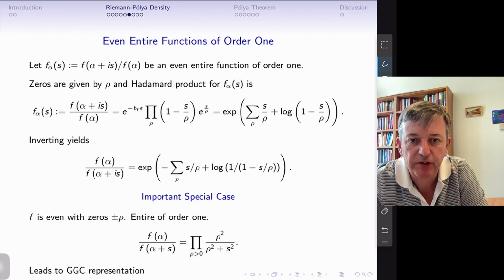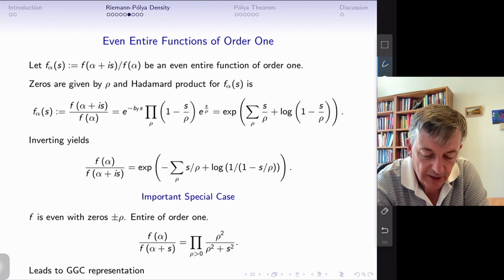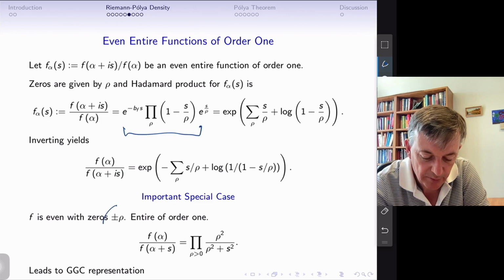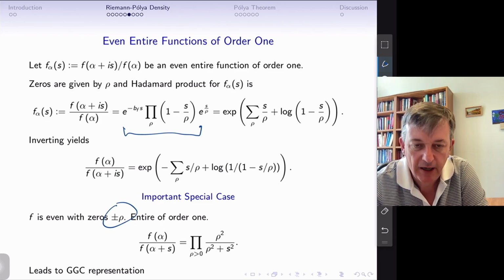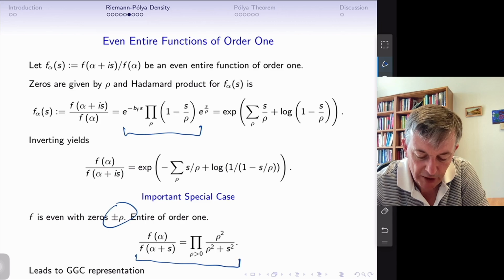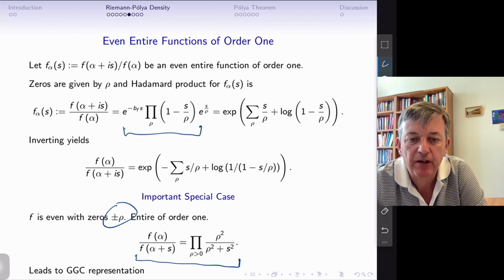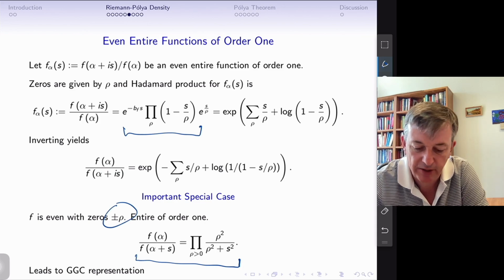If you look at entire functions of order 1, there's the Hadamard product. The important special case which would apply to our psi function is if it's even with zeros plus or minus rho, then essentially we can write the ratio function as the product of rho squared over rho squared plus s squared. And as I said, this will lead to a GGC representation.